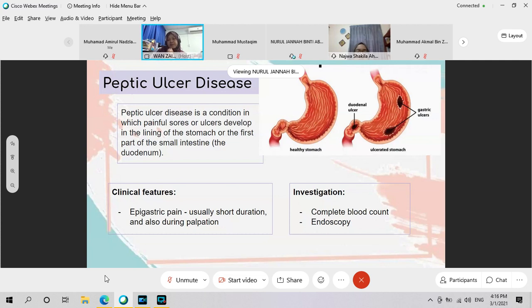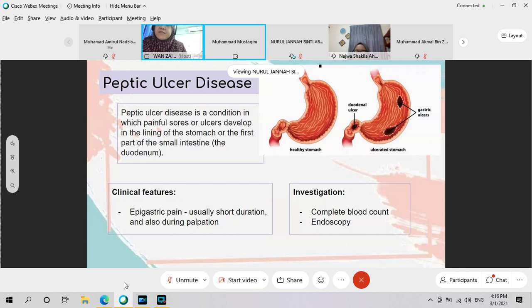Boleh jawab, siapa-siapa nak jawab? Dyspepsia. Dyspepsia. Epigastric pain. Pain tu macam mana? What kind of pain? Burning sensation. Burning pain. Okay, lepas tu lagi?